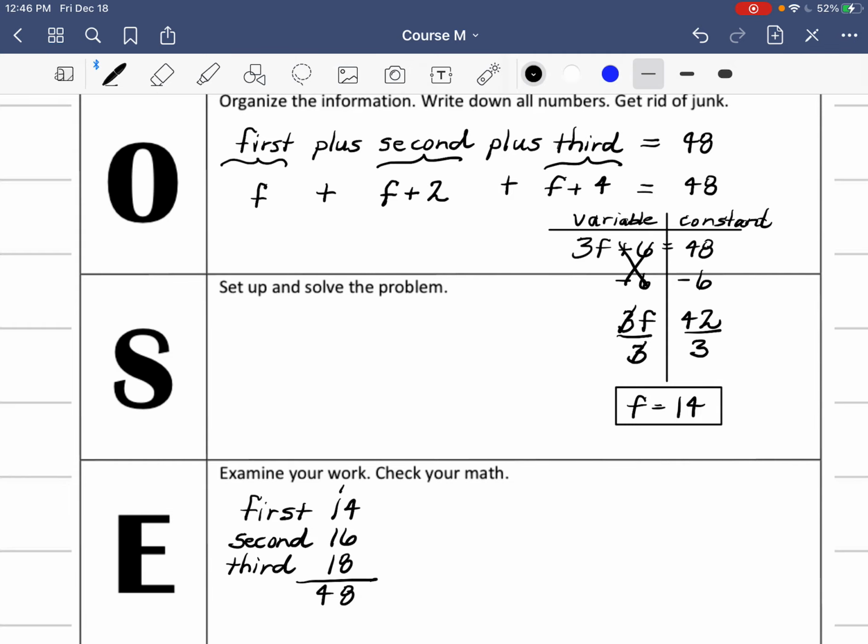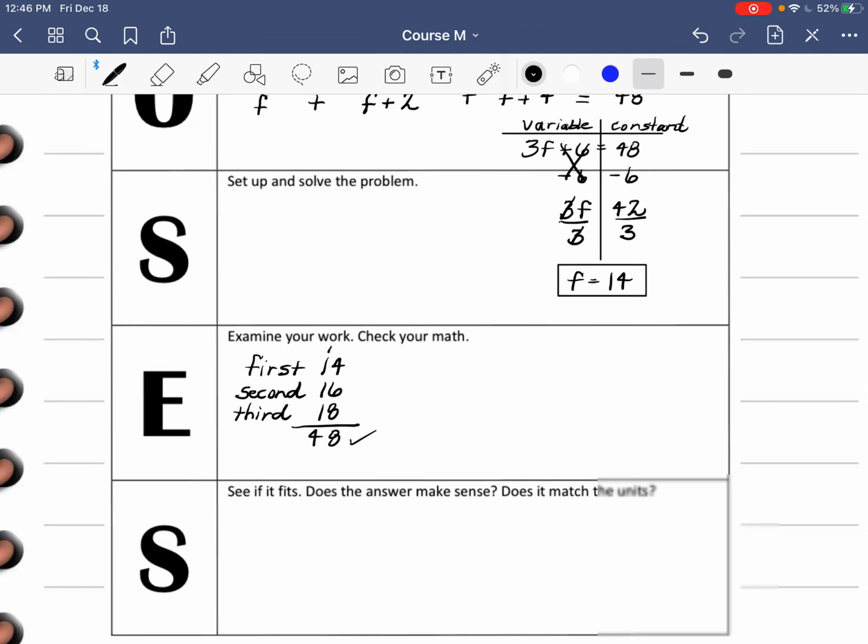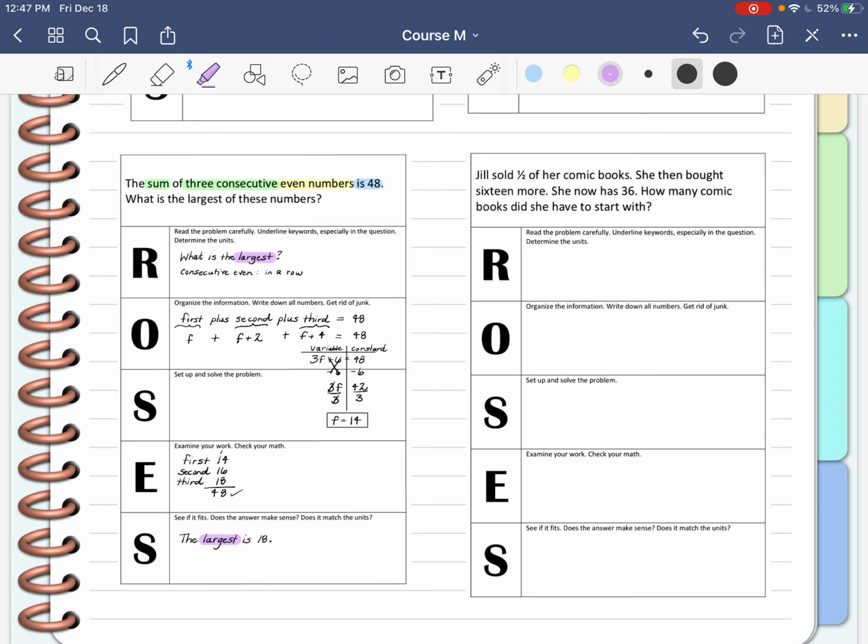What did I say? Oh no, we want them to add to 48. I thought we wanted them to add to 42. I was about to say there's something wrong, but they total 48, so that is good. And we want the largest of those three numbers, so the largest is 18. And that matches what we're looking for.